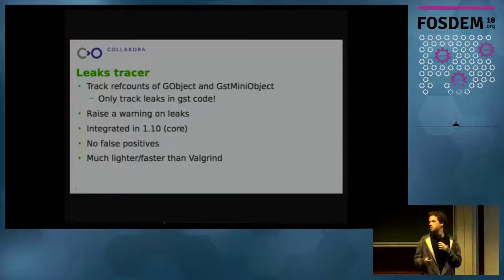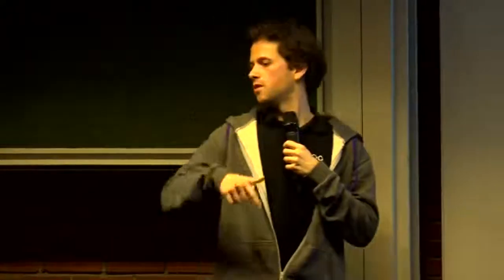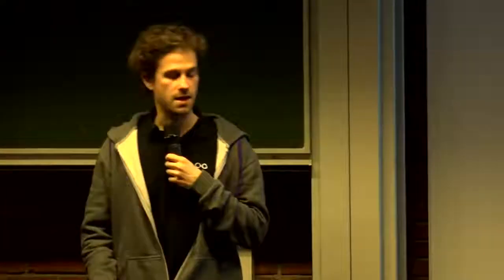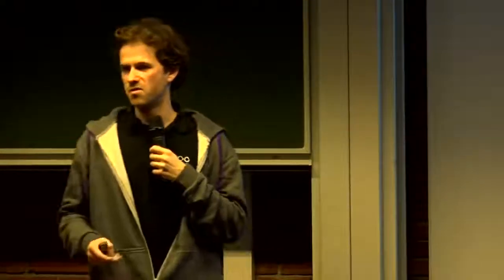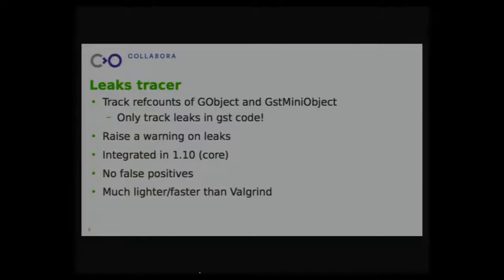So if there is a leak in a library you are using, like the encoding or decoding library, or invalid memory and things like that, you will get all this output from Valgrind, but that's not really something you can easily fix. So most of the time what you really want is to know the leaks in the code you actually wrote.